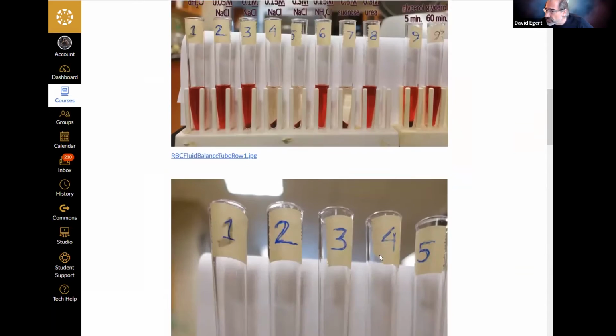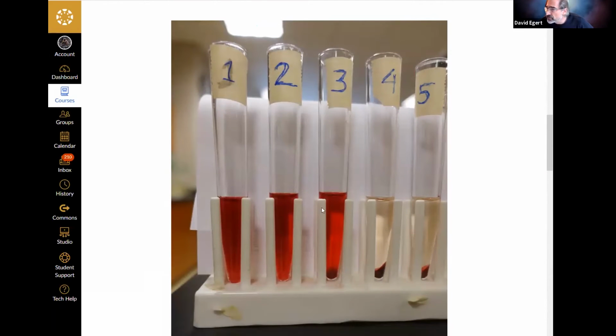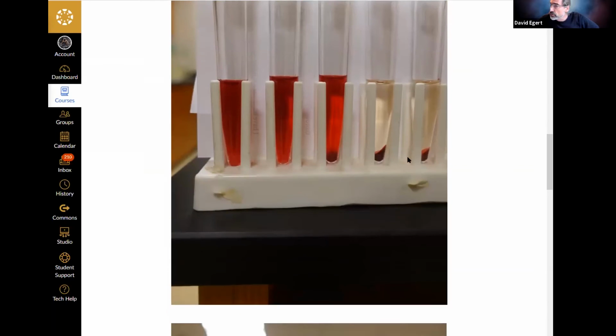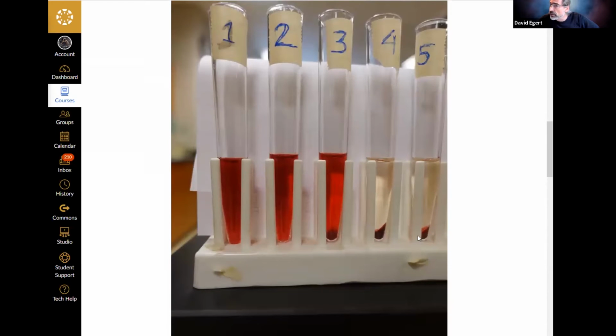You can see up close the difference between 2 and 3. Tubes 1 and 2 show total hemolysis, because there's a red supernatant without any kind of pellet, whereas in 3 you can see partial hemolysis, where some of the blood cells survived by making it down to the bottom. 4 and 5, no hemolysis.